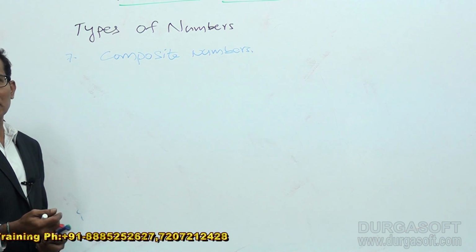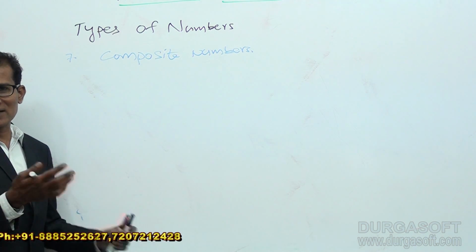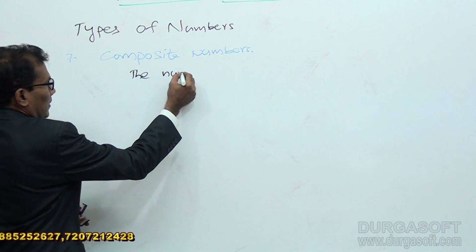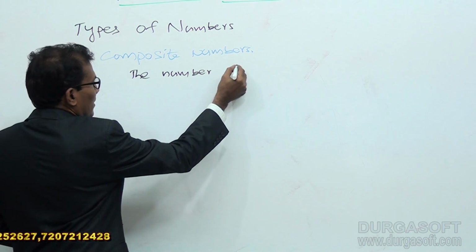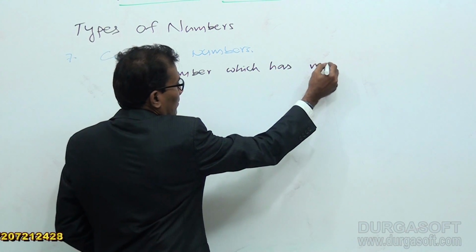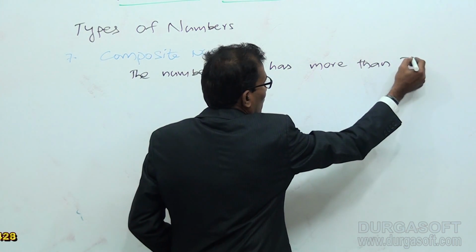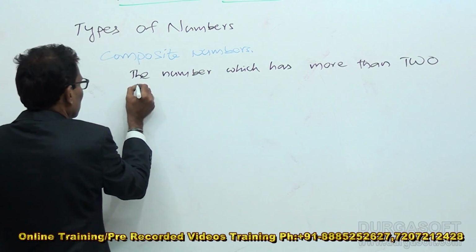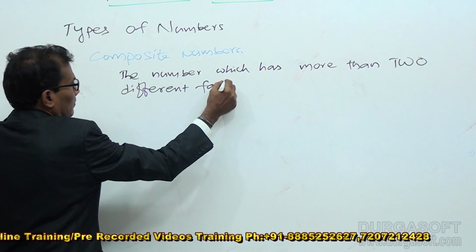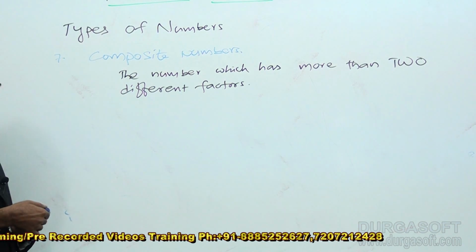Composite numbers are nothing but the numbers which have more than two different factors. The number which has more than two different factors is a composite number.